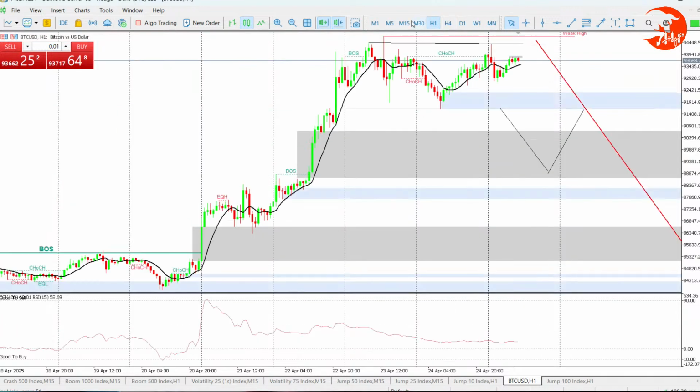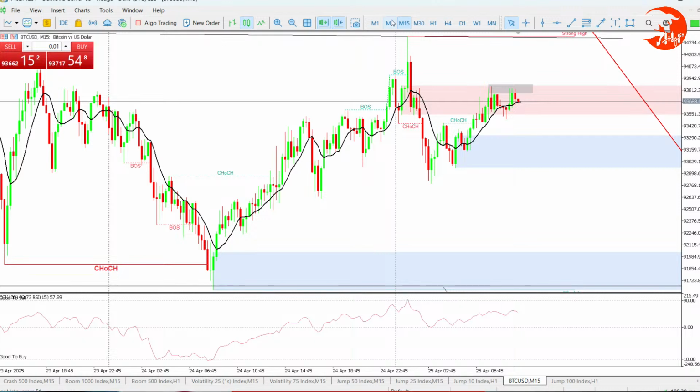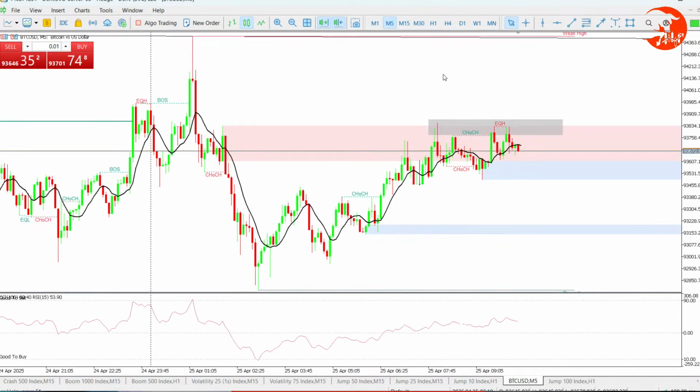So what do we do now? Go to M5, showing us equal highs. That is very significant. When you see some equal highs, you know that you are looking at a sales signal, right there.